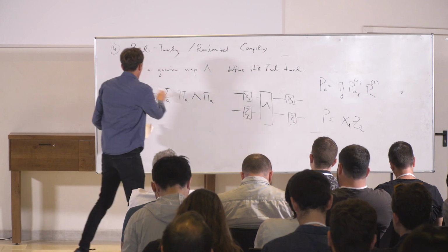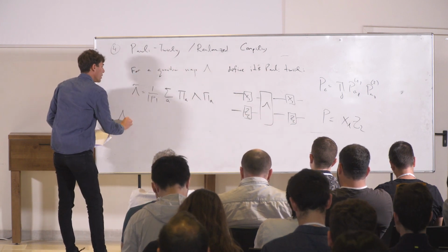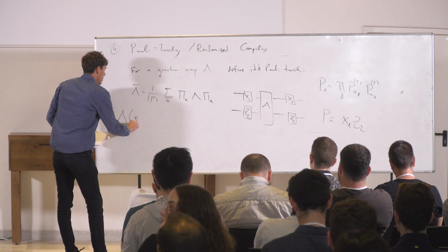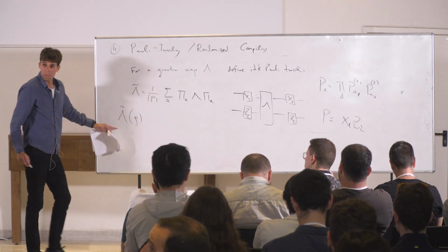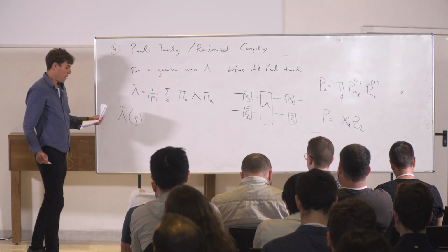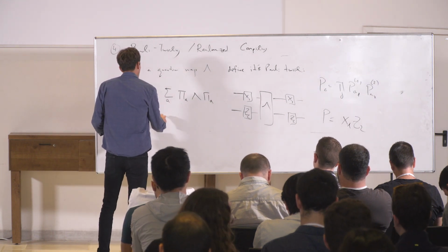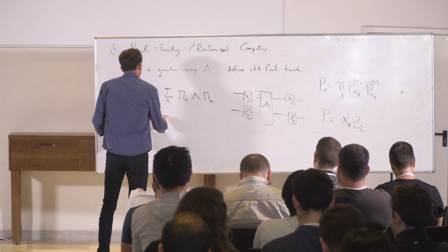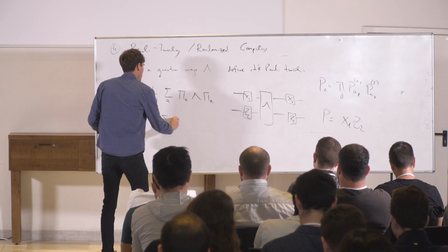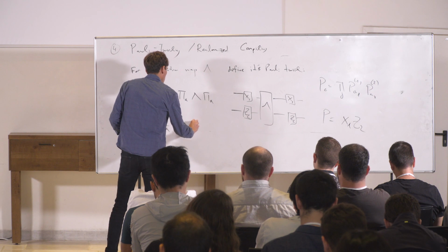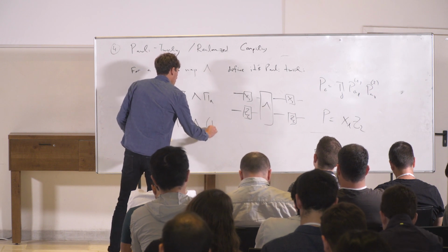So let me rewrite this differently. The twirl channel acting on a state rho is going to be the sum over A of P_A, this channel.